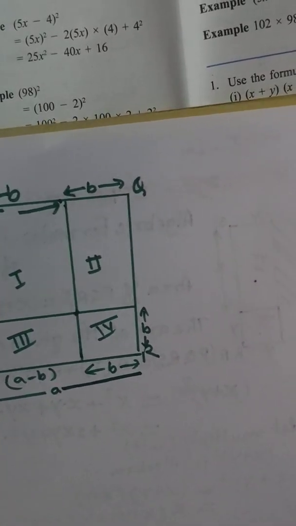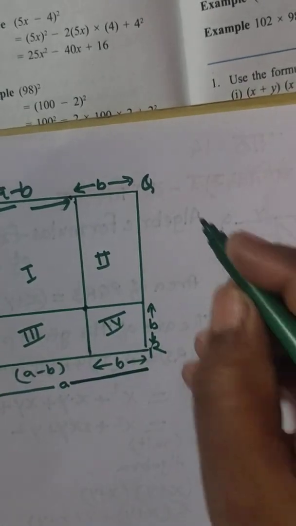In this picture, what is the area of the total square?